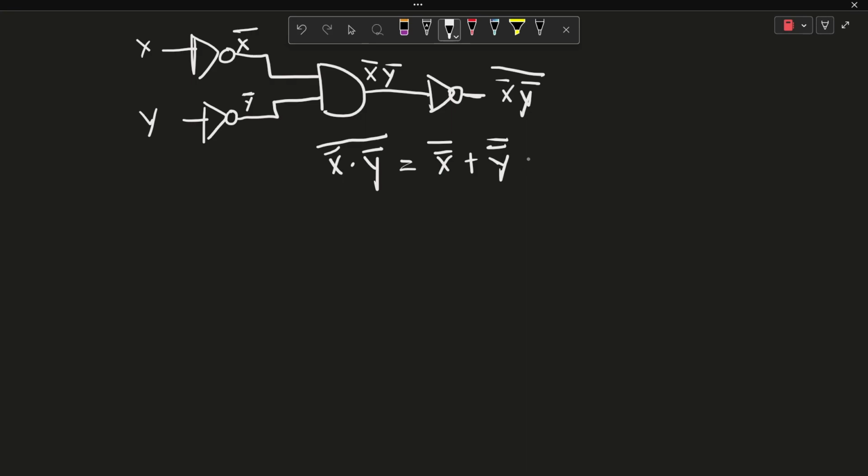De Morgan's law. You just kind of know looking at it to split them up like that.